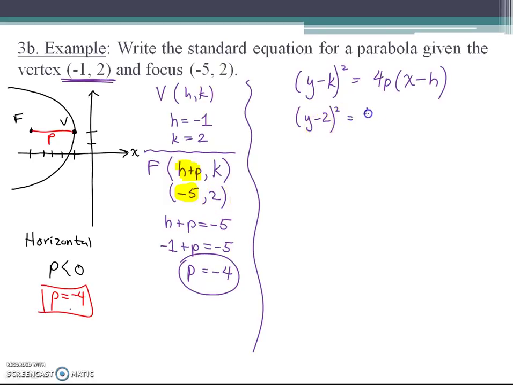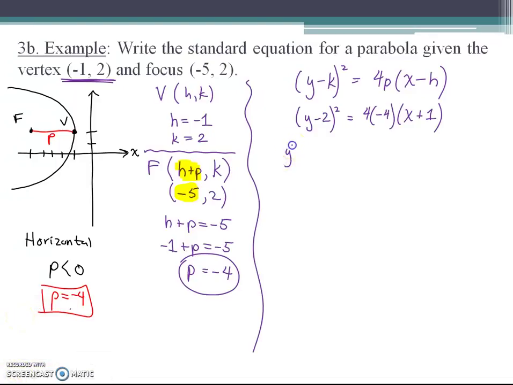In this case, p is -4. For x, in this case, opposite, so it'll be x + 1. And now, like I said, we're going to simplify the heck out of this one. So we're going to square this guy.